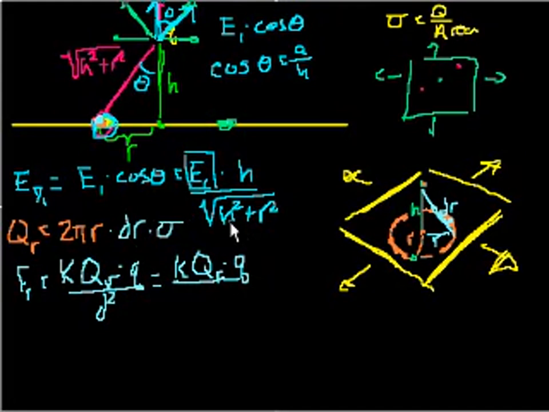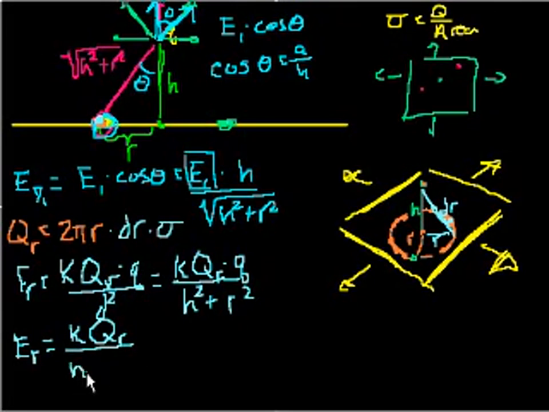Well, distance is the square root of h squared plus r squared, so if we square that, it just becomes h squared plus r squared. And if we want to know the electric field created by that ring, the electric field is just the force per test charge. So if we divide both sides by q, we learn that the electric field of the ring is equal to Coulomb's constant times the charge in the ring divided by h squared plus r squared.